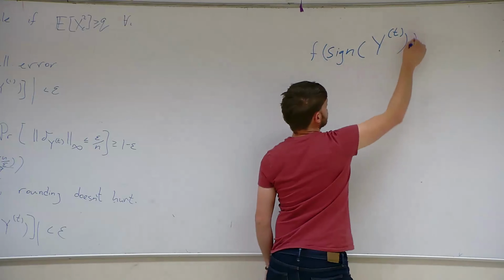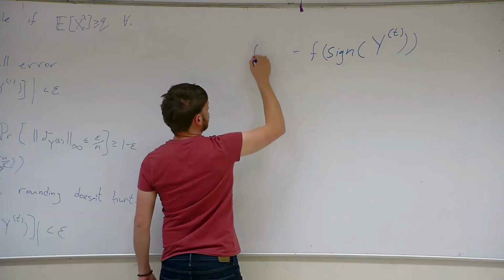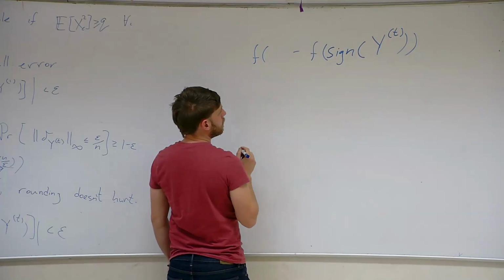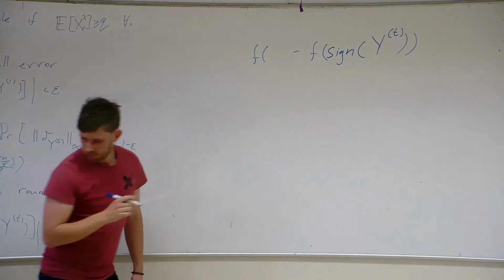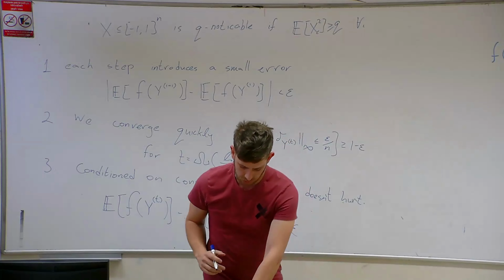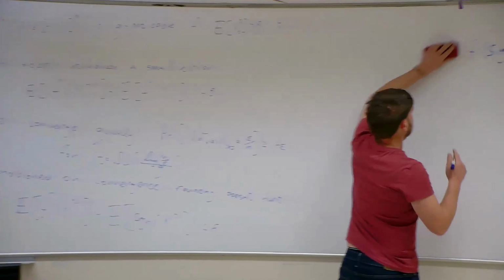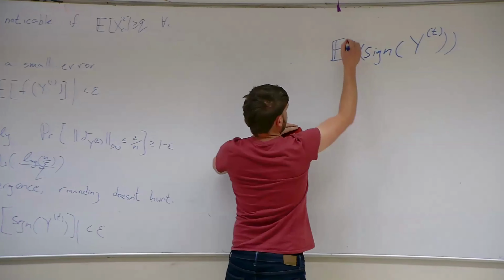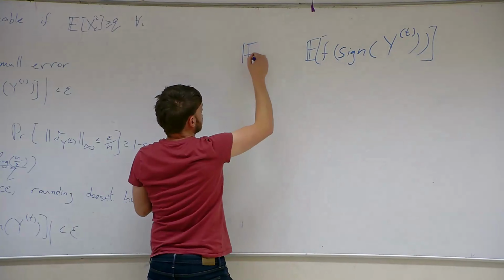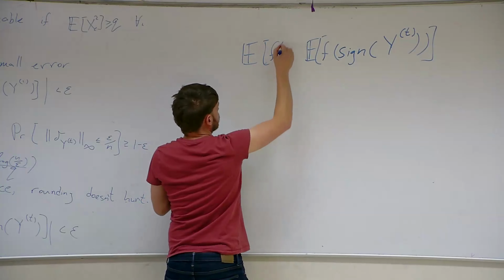Taking f on this term, so just taking the expectation over this term, and taking the expectation of f of u, right?